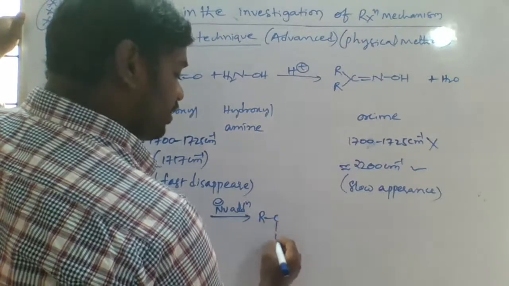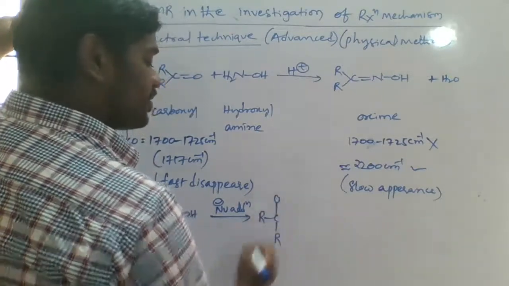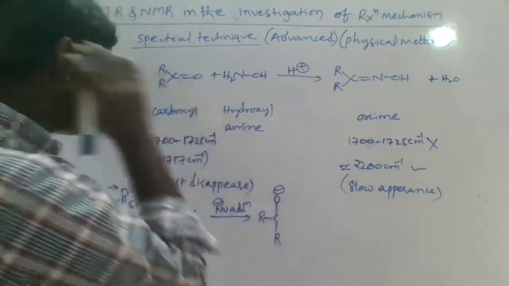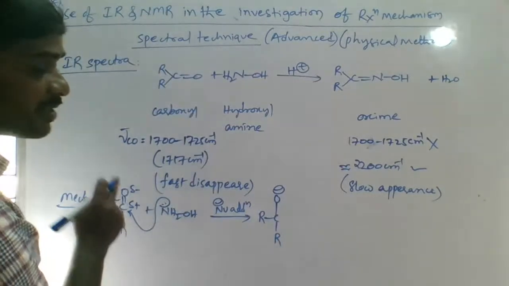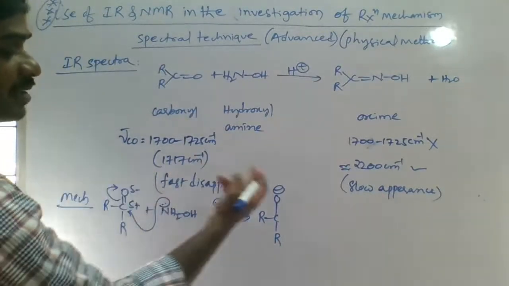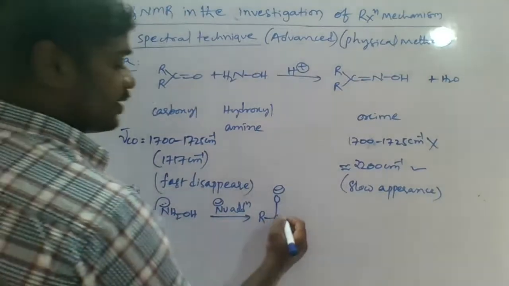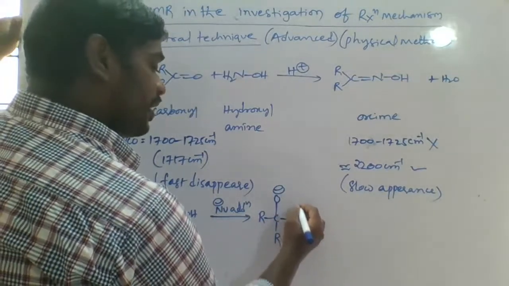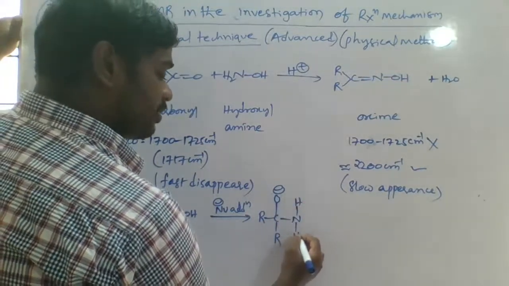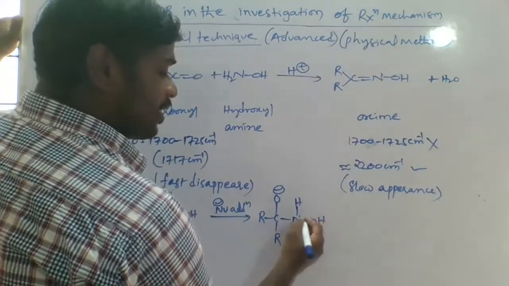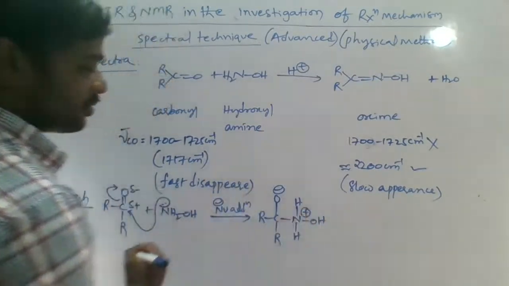Then the C=O double bond converts to a single bond. Here the oxygen gets a complete charge; the delta minus, a partial charge, converts to a complete charge. And the N with two hydrogens, here with OH, loses its lone pair of electrons and gets a positive charge.